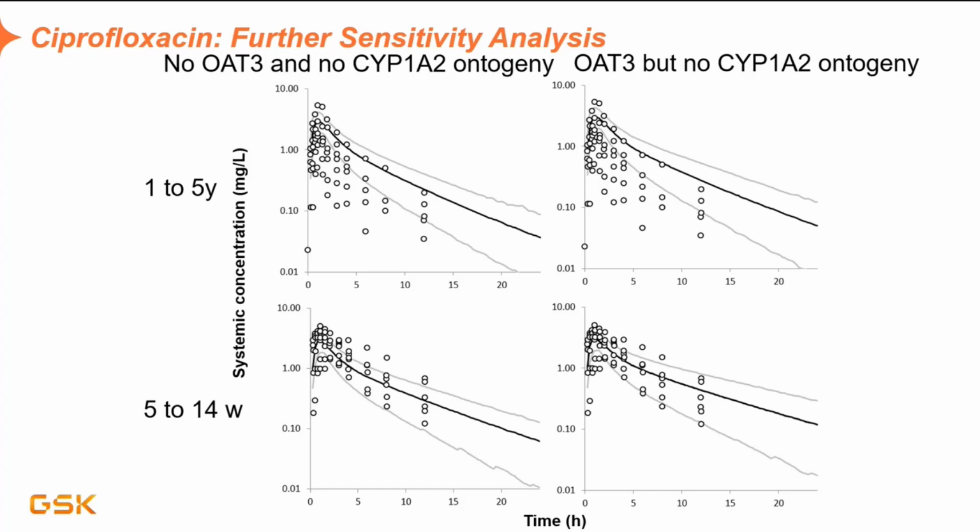So Trevor did some sensitivity analysis, and the results of sensitivity analysis was that using 1A2 seems to be a good approach, and also including the ontogeny of 1A2, which is the in vivo ontogeny of 1A2, also shows to have better predictions compared to no ontogeny. So I think we are good on that.